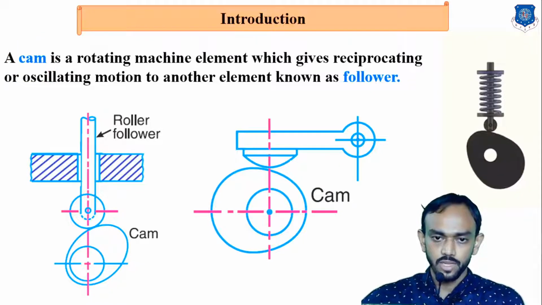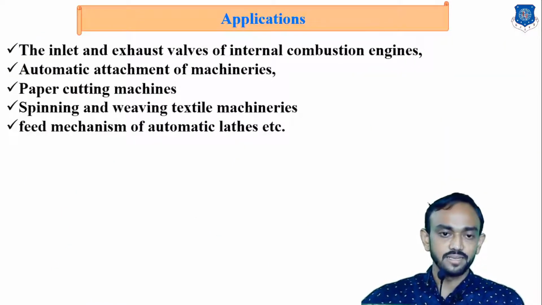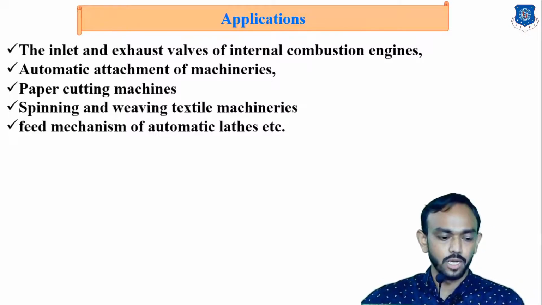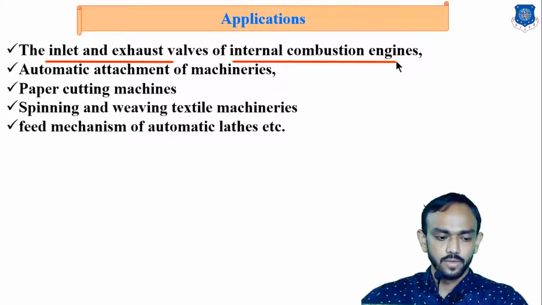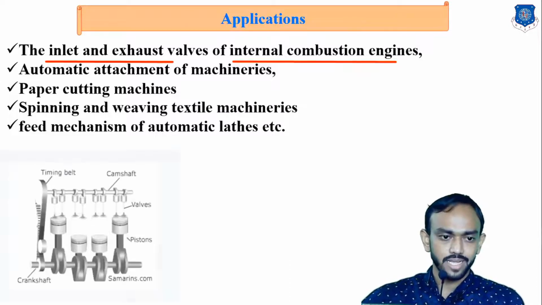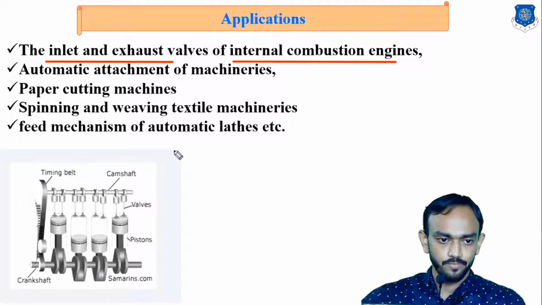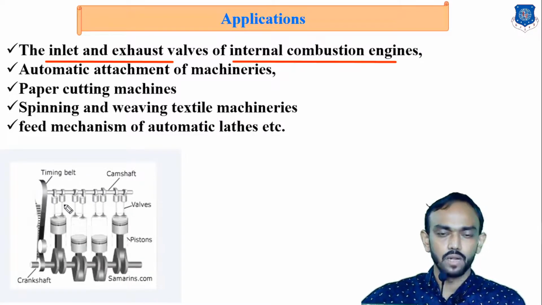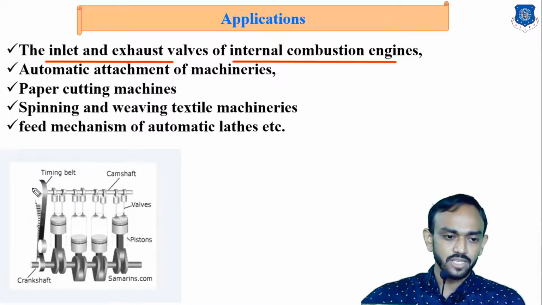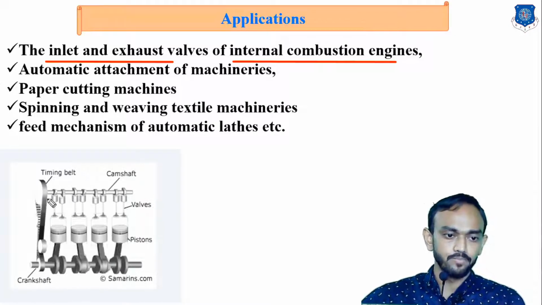First of all we discuss the applications of CAM and follower. CAM and follower is widely used in the inlet and exhaust valves of internal combustion engines. You know that there is a camshaft. You can see here this is the camshaft, and the crankshaft is here. The inlet and exhaust valves totally depend on this camshaft, and the camshaft operates the inlet and outlet valves. The camshaft is rotated by the crankshaft through this timing belt.